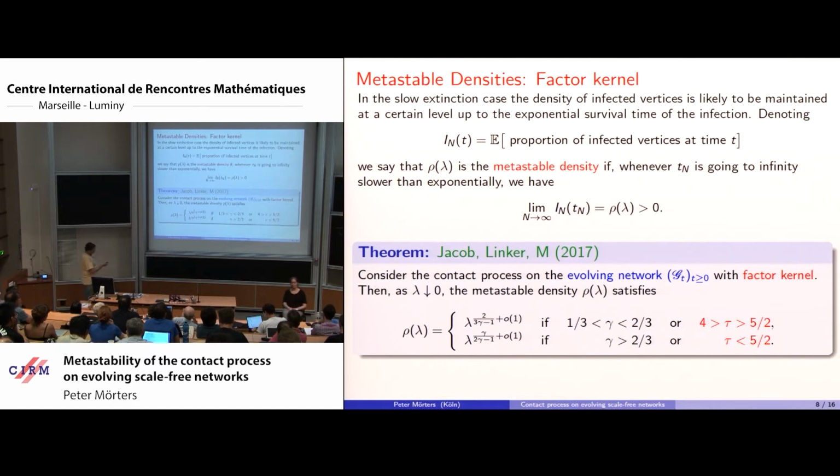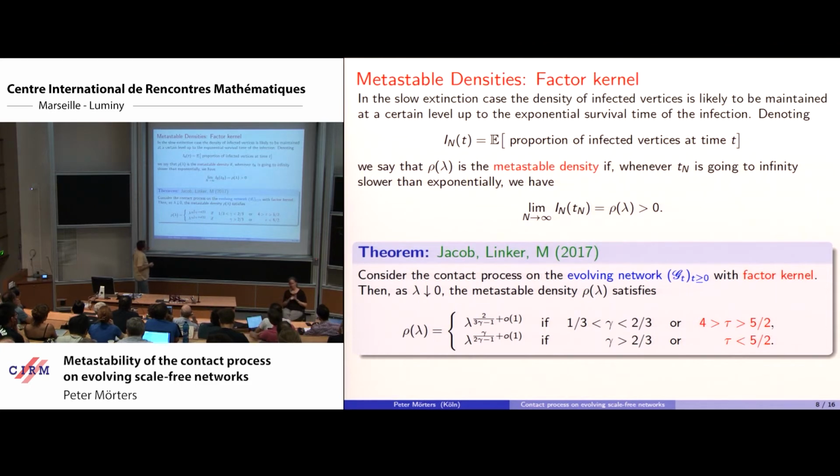And here is the result. So again, we're in this evolving network case with factor kernel. We look at the metastable density, and then you discover that this decays as lambda goes to 0 with 2 different exponents. There are 2 over 3 gamma minus 1, or gamma over 2 gamma minus 1.